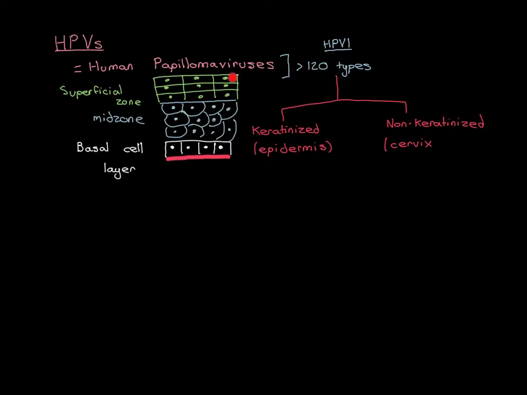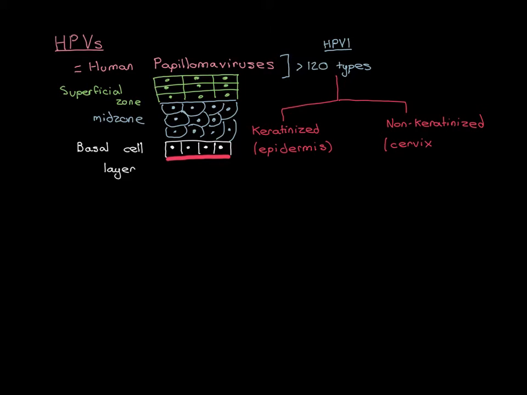The cells in the most superficial layer are completely overloaded with keratin and don't have nuclei in the keratinized squamous stratified epithelia, whereas they're not completely overloaded with keratin, and they do still have nuclei if we're talking about a non-keratinized squamous stratified epithelium. But overall, very, very similar structures. Okay.